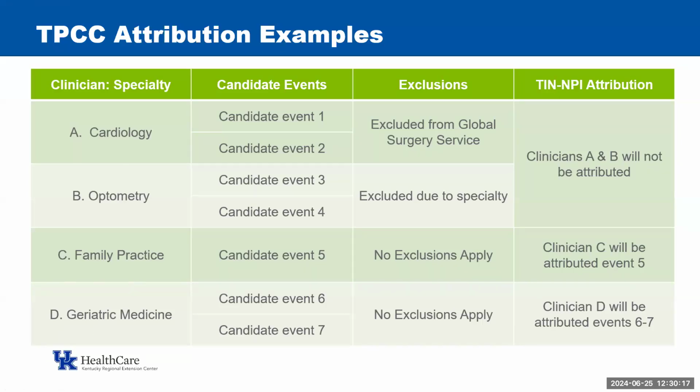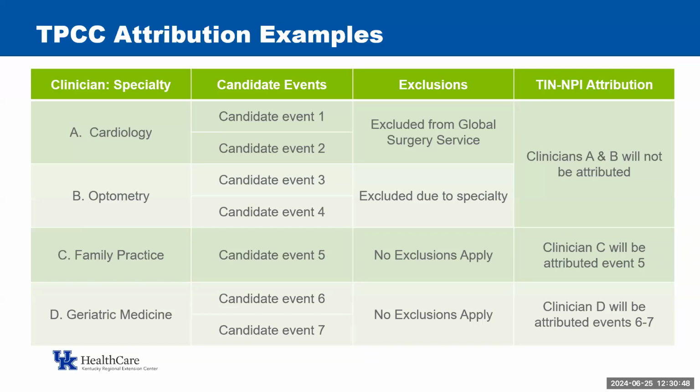So back to our providers here and how they are being attributed. Because this cardiologist bills some primary care services codes during this time that this patient had a surgical service, they're excluded from having this patient attributed to them. Same thing for optometry. They bill some E&M codes with some primary care services somehow attached. They're excluded due to being a specialty. So they are not attributed this patient.